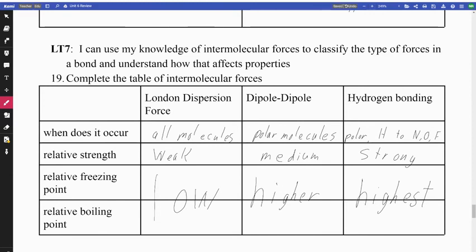The reason is that as the strength of our intermolecular forces increases, they pull the molecules together with more strength. As we know, as we melt and boil, the molecules get further apart. So if we have stronger intermolecular forces, it takes more energy to pull them apart. Therefore, freezing points and boiling points are higher as the intermolecular forces get stronger.